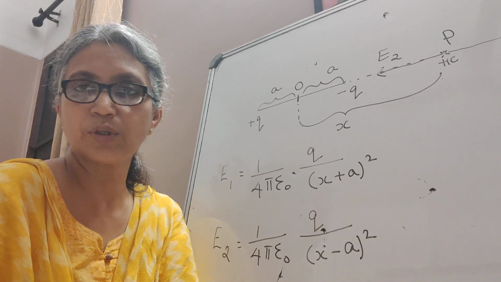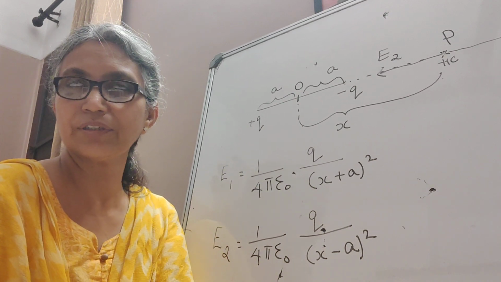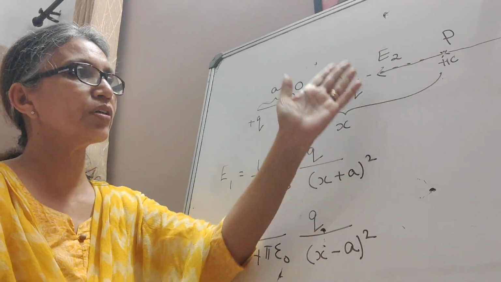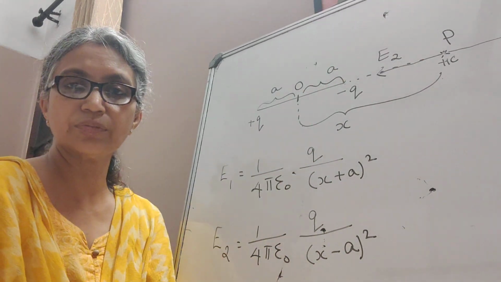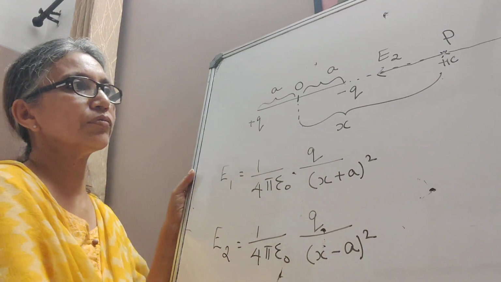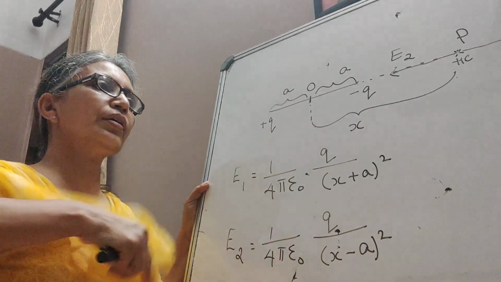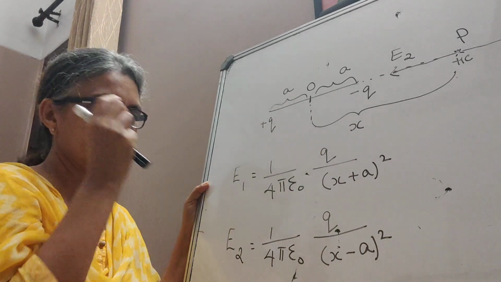Root of a square plus b square plus 2ab cos theta, that we did last year. So here, because they are in the same straight line and opposite in direction, we will subtract the two.